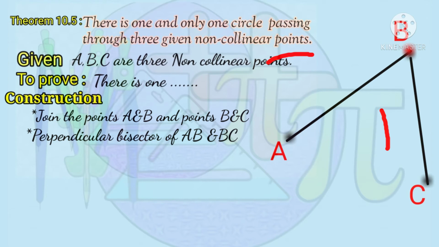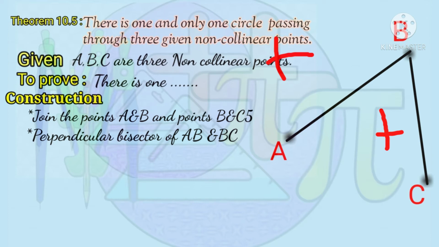Now put the end of the compass at point B and make an arc on the upward and downward side of line AB. As you can see, the upward and downward arcs intersect each other. Then join these intersecting points. This is our perpendicular bisector for AB.